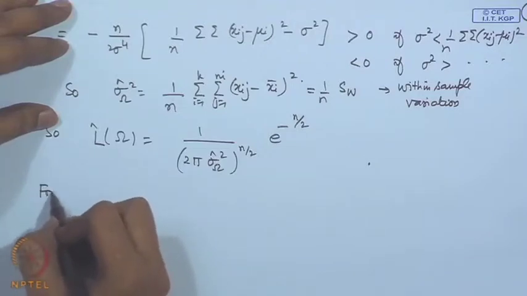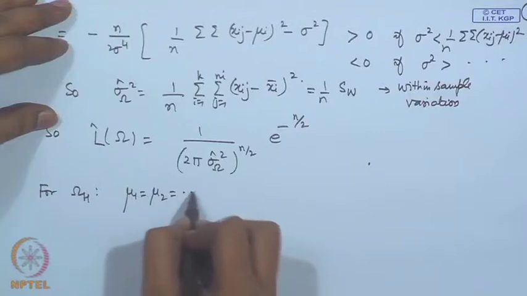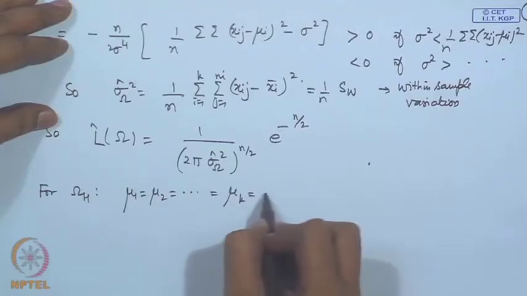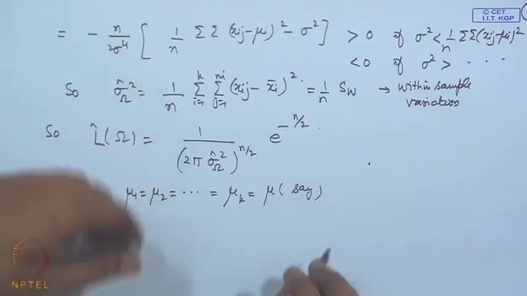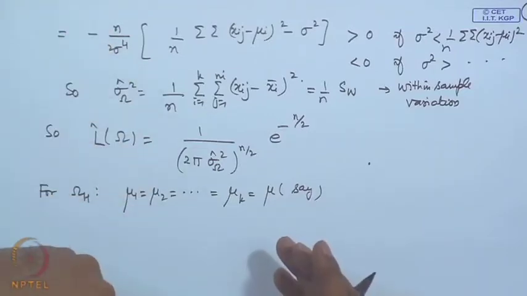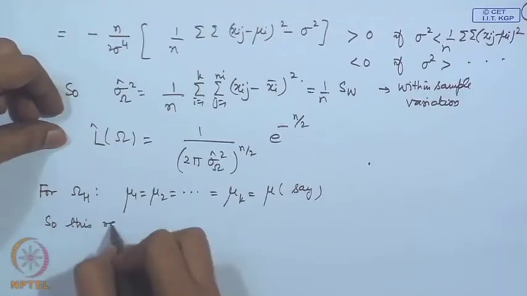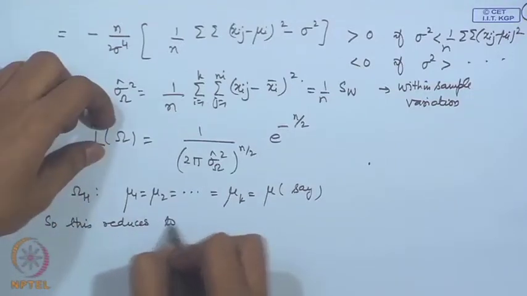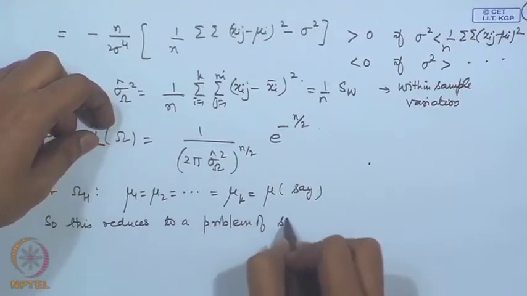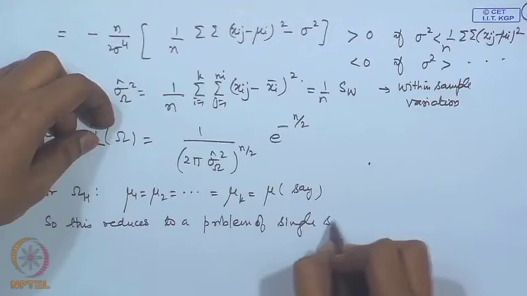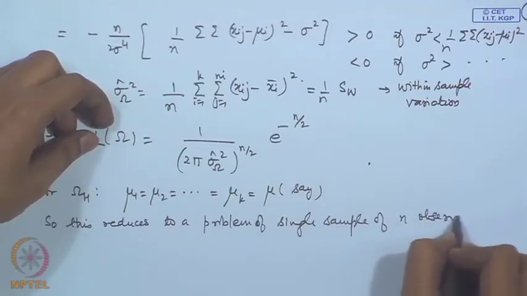Now, for omega_H, you are having mu 1 is equal to mu 2 is equal to mu k is equal to say mu. So, this actually becomes a problem of single sample of n observations.